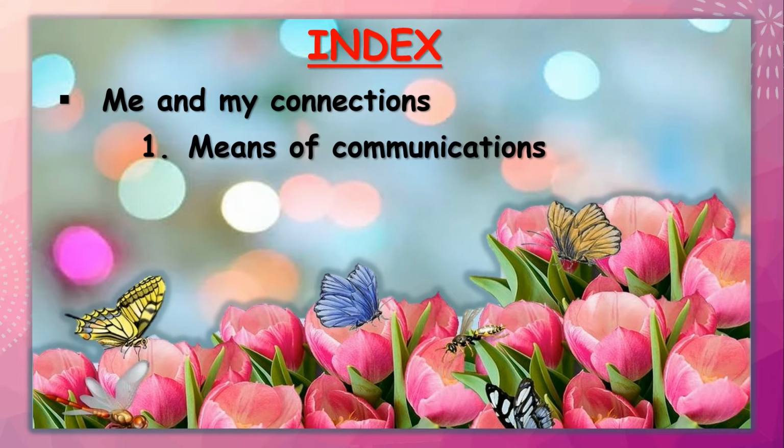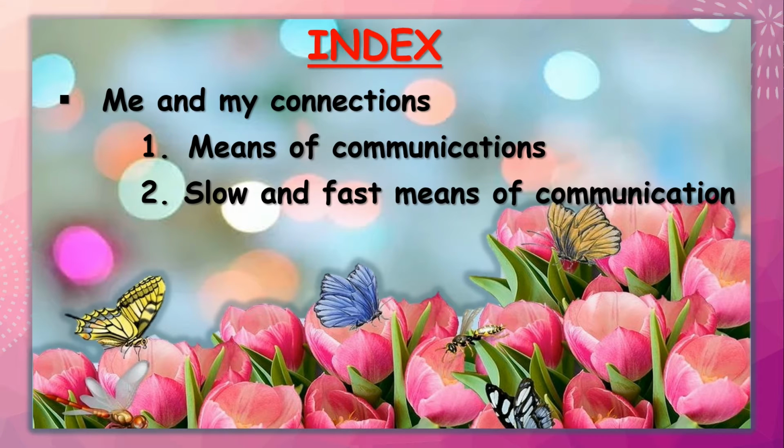Under that, we are going to learn means of communications and slow and fast means of communication. And we will do a few worksheets related to means of communication. So children, these are the topics which we are going to learn in today's session. So let's start.